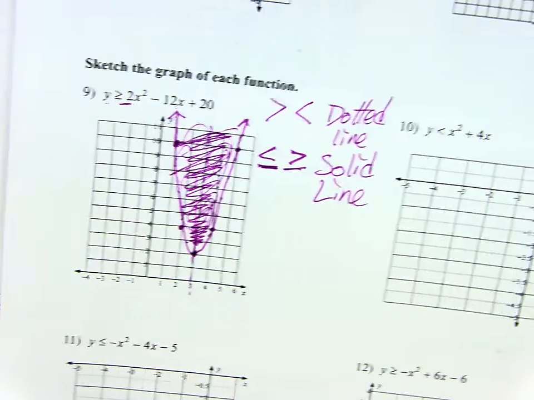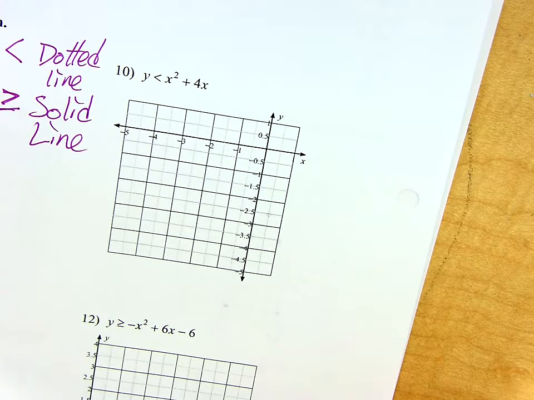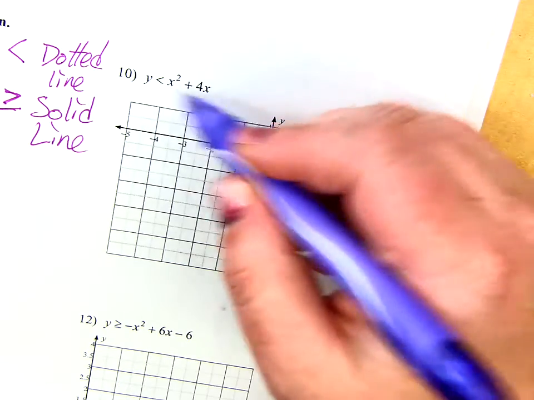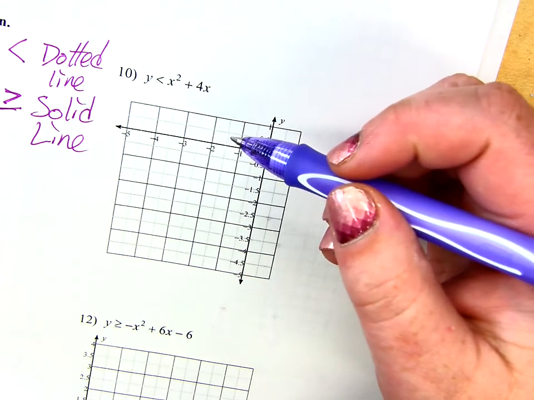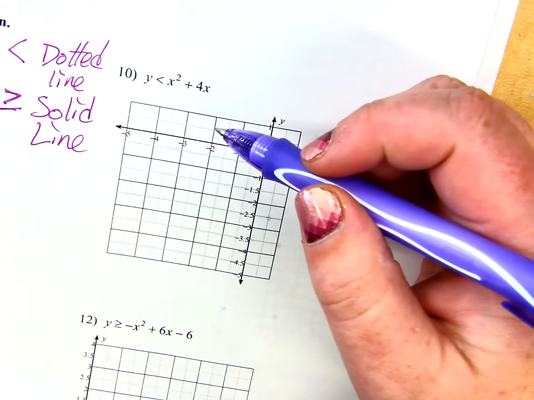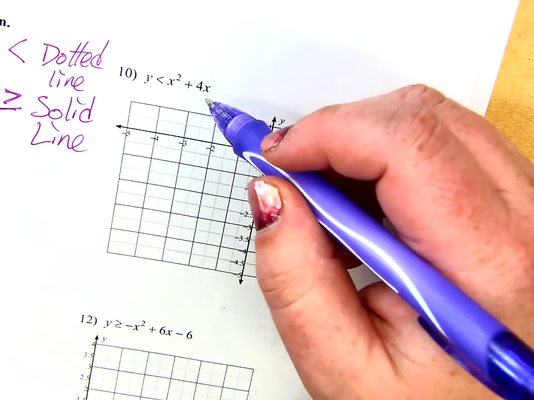So, let's see if we could do the same thing with number 10. How would you even, where would you even begin? Oh, you know what's a neat thing that we haven't talked about doing, but it can be very helpful.